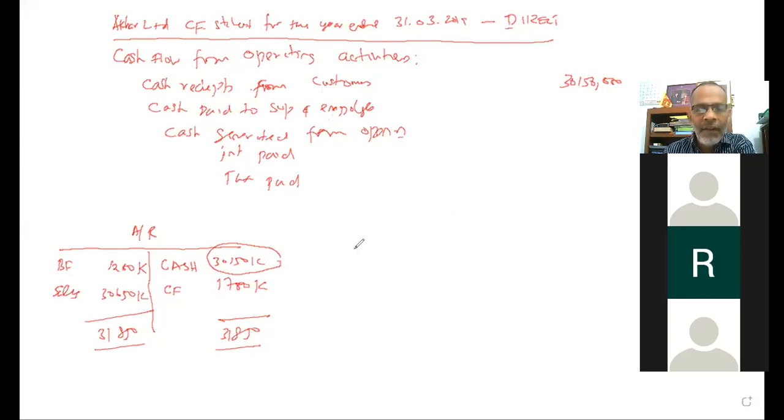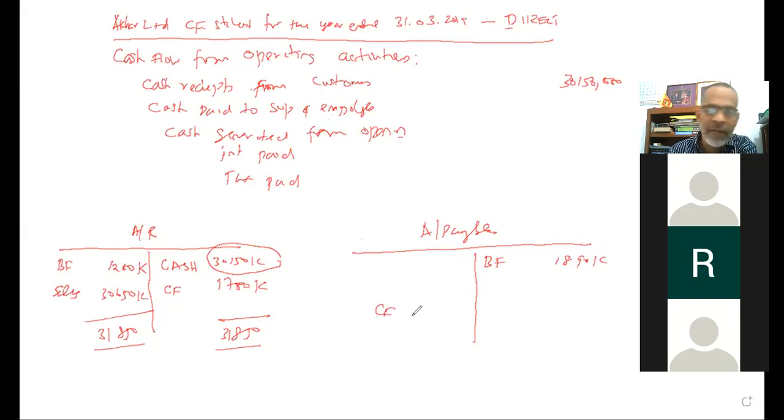Finished off. Now we have to move to the other part, the accounts payable account. There is a closing balance and there is an opening balance of 1,890,000. The carried forward balance they have given is 150,000.